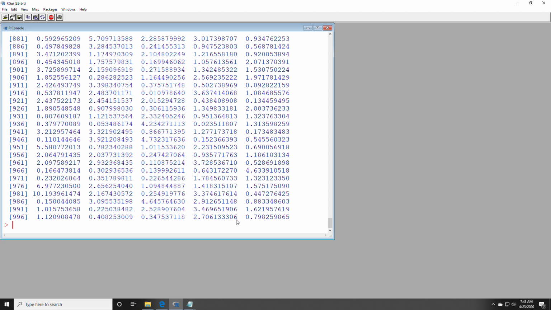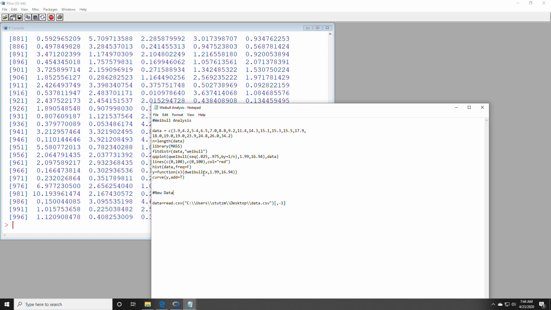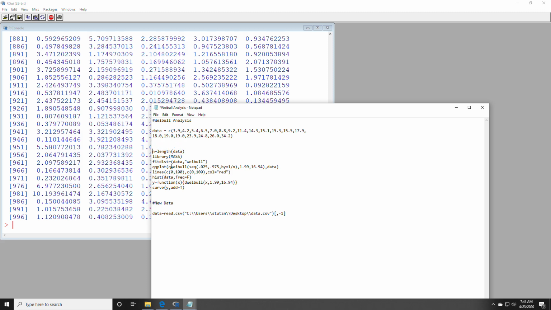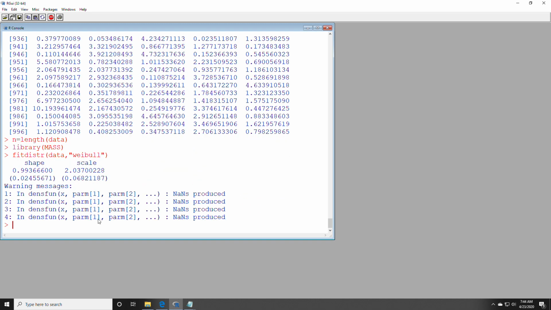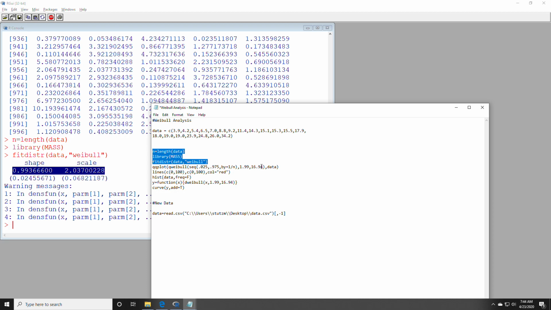Okay, and so we want to choose those three different models to try to model this data. So our Weibull analysis code needs to do this. Our shape and scale parameter for the Weibull.